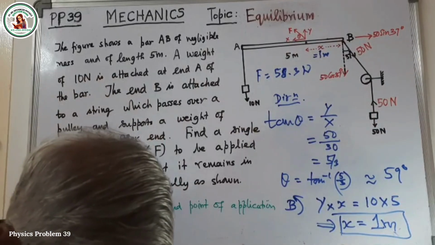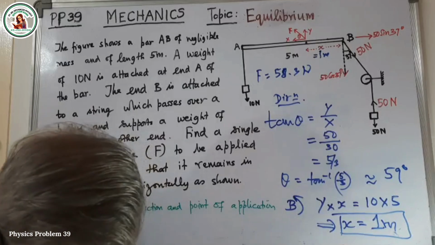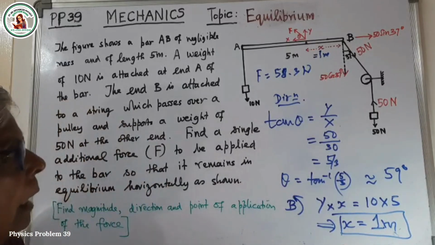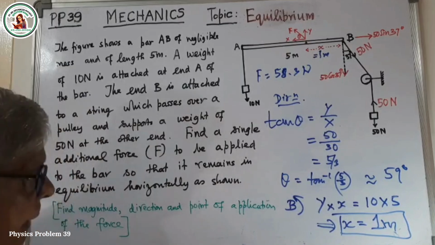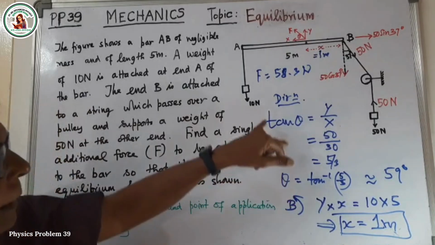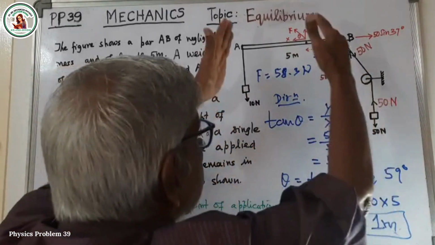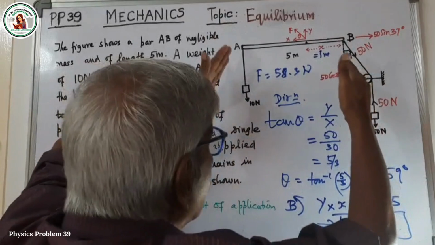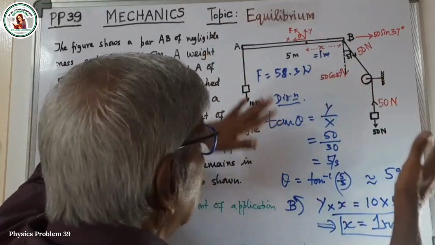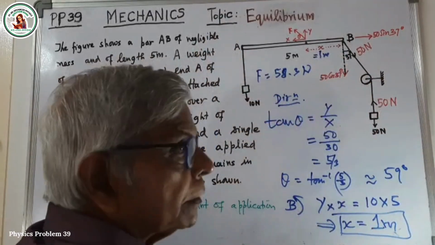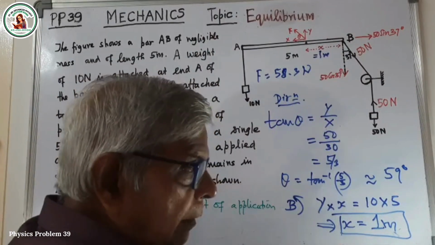Now if you want, you can also use the three-force method. When three forces are keeping a body in equilibrium, the three forces must be concurrent, provided they are not parallel forces.